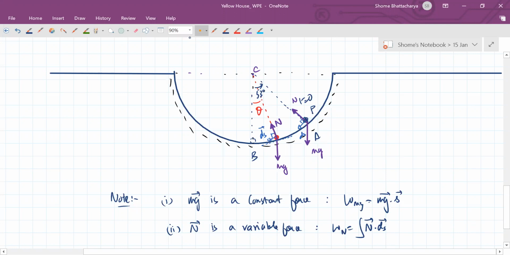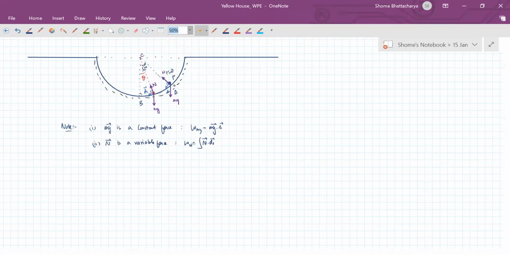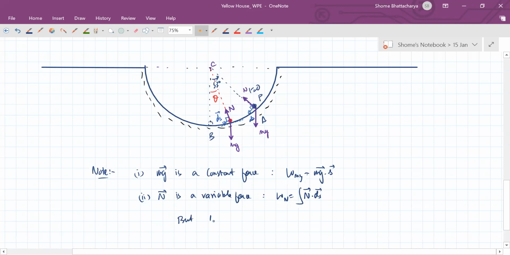But then at the same time, what helps us out, and we don't actually have to do any integration at the end of the day, is that normal reaction acts perpendicular to the surface. So that means it's pointing to the center of curvature at all times.